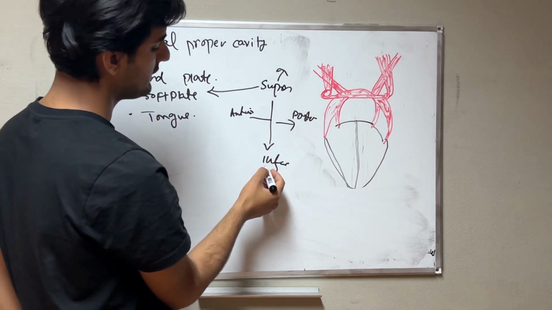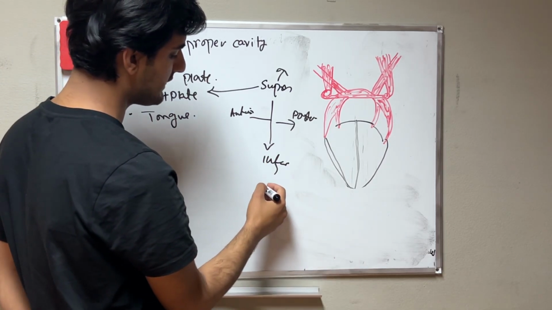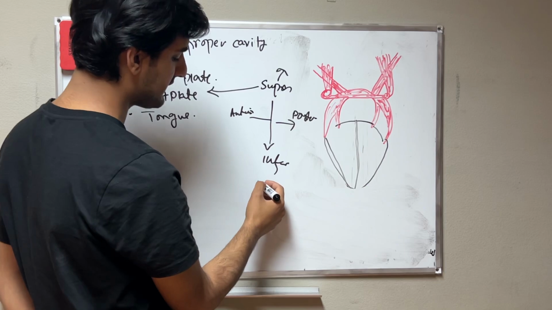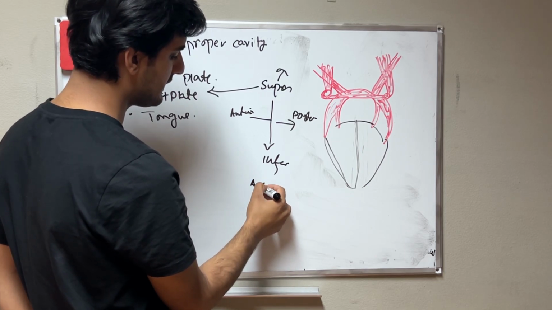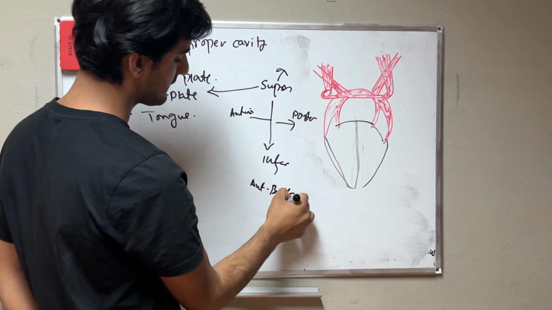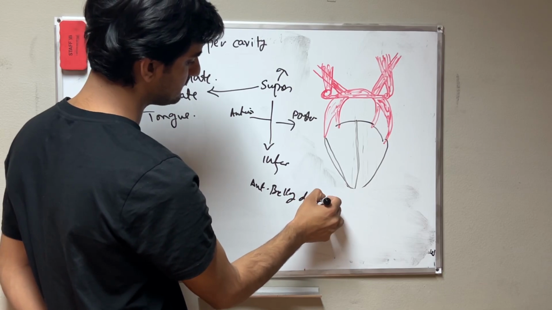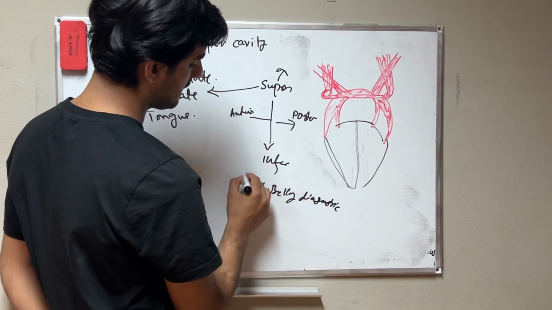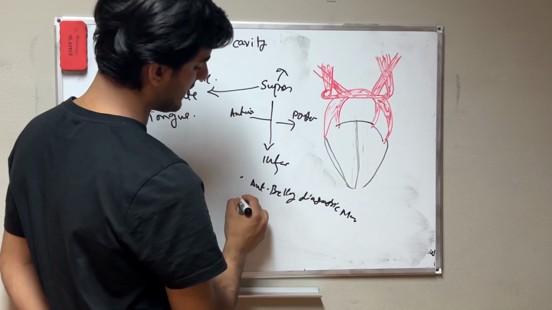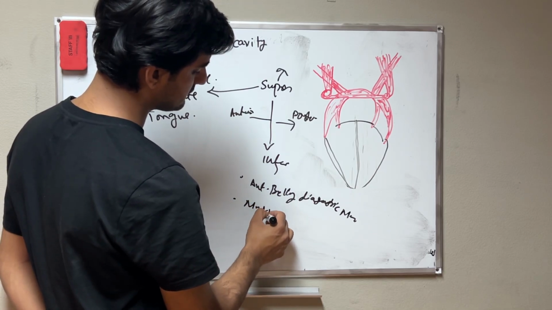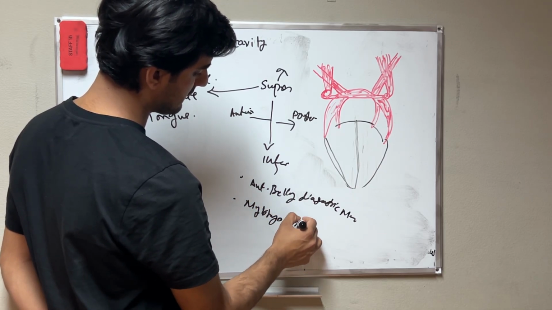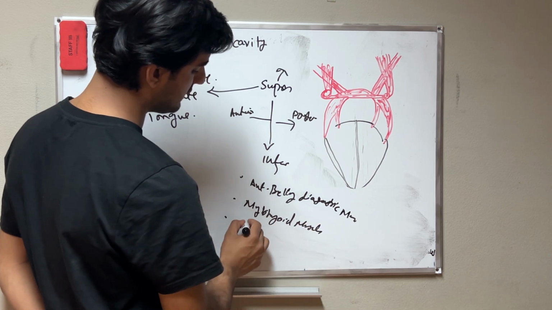Inferior we have the muscles: mylohyoid muscle, anterior belly of digastric muscle, and geniohyoid muscle.